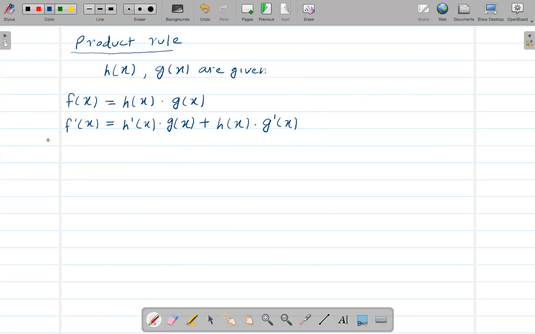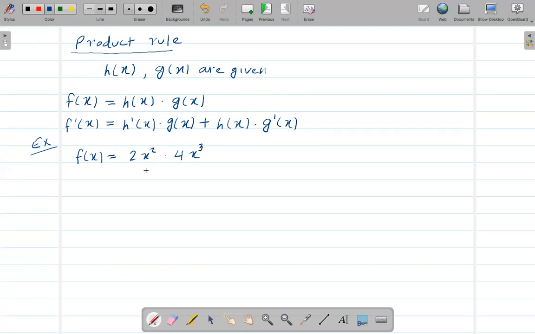So let's do an example. Let's say f of x is equal to 2x squared times 4x to the power 3. Okay, so let's say in the exam, if I say find the derivative of this using product rule, well, in this case you could just multiply these two, right? 4 times 2 is 8, and x squared times x to the power 3 is x to the power 5, and then you can take the derivative.